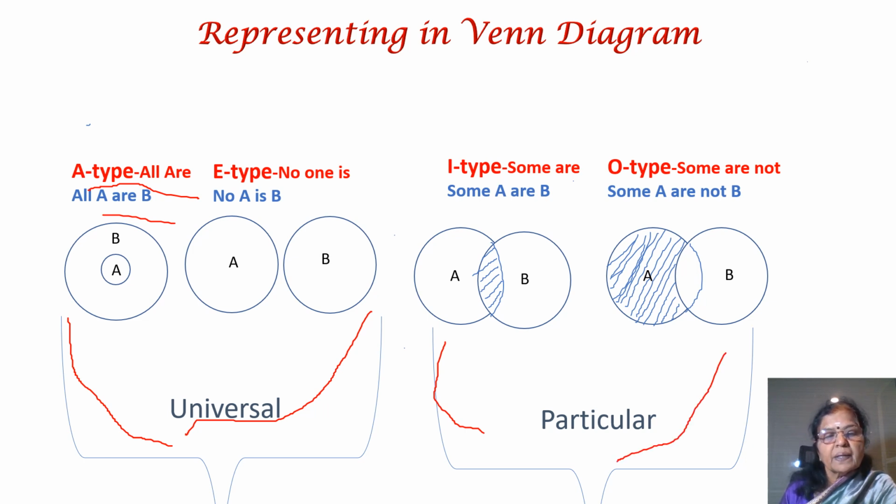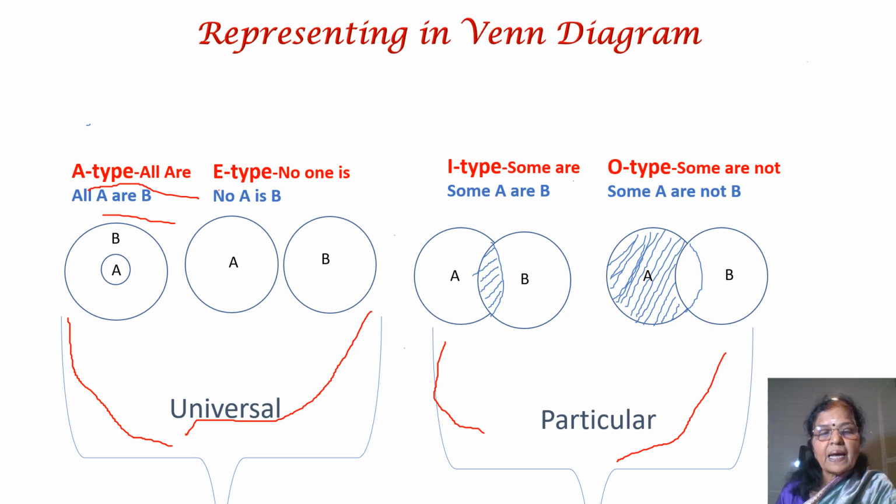So first the A type statement, all A are B. The inner circle A is contained in B. Then only will all A become B. This type of Venn diagram you should draw for the A type proposition. All A are B, so A should be contained in B, the bigger circle.